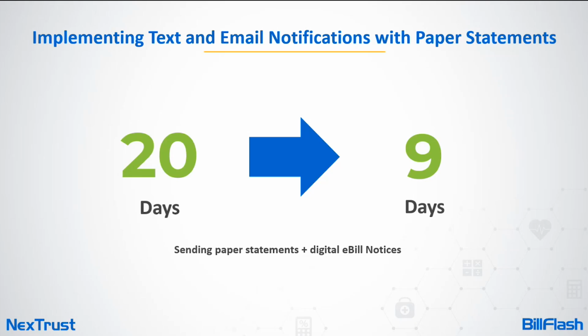This highlights the importance of combining traditional and digital methods for your patient communication platform. If you were unsure about adding digital notices before, let this be your sign that mailed statements and notices sent via email and/or text are the best team for getting you paid more and faster.